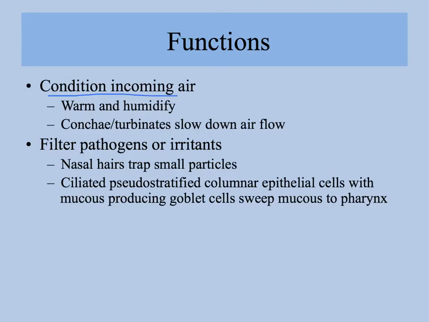The air inside your lungs wants to be in a similar environment as inside your body, so about 98 degrees, nice and humid. Most of the air that you're bringing in from the outside is not in those conditions, and so the upper respiratory tract is very important in warming and humidifying the air.